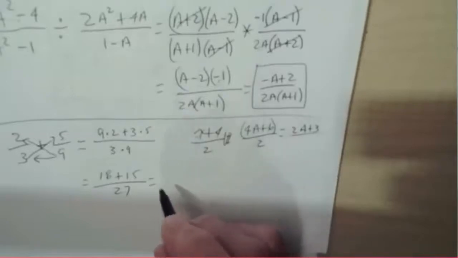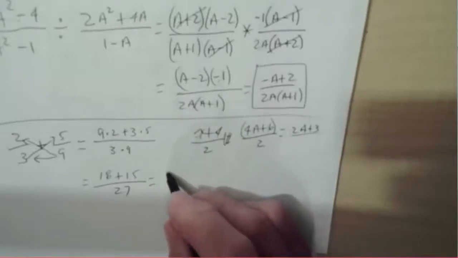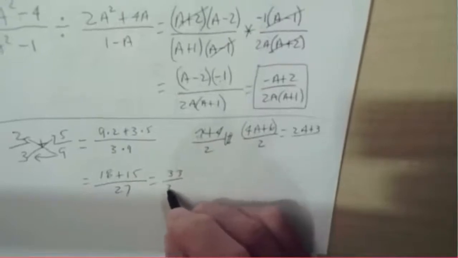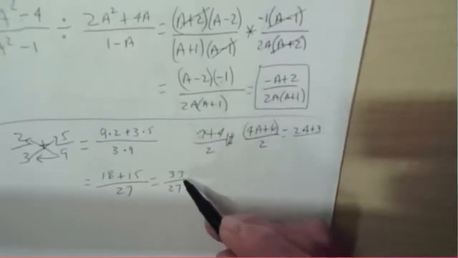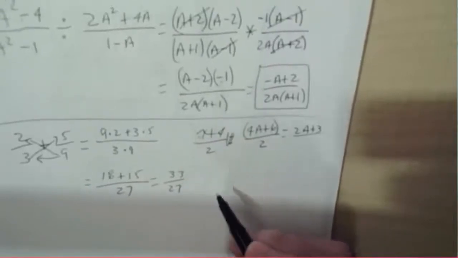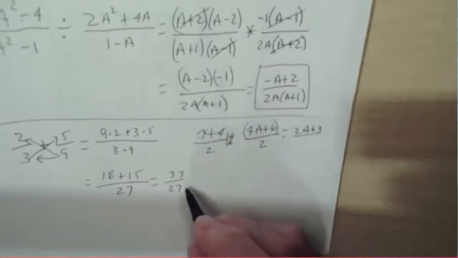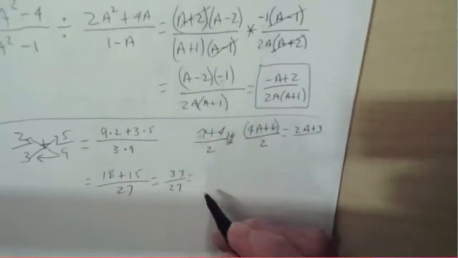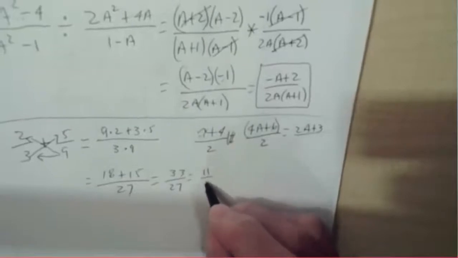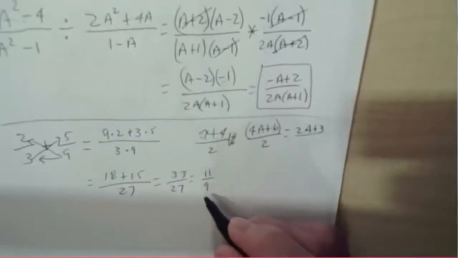No, 33. 33 over 27. Can we reduce this? Yes. Both of these are divisible by 3, so we have 11 over 9. Right? Right.